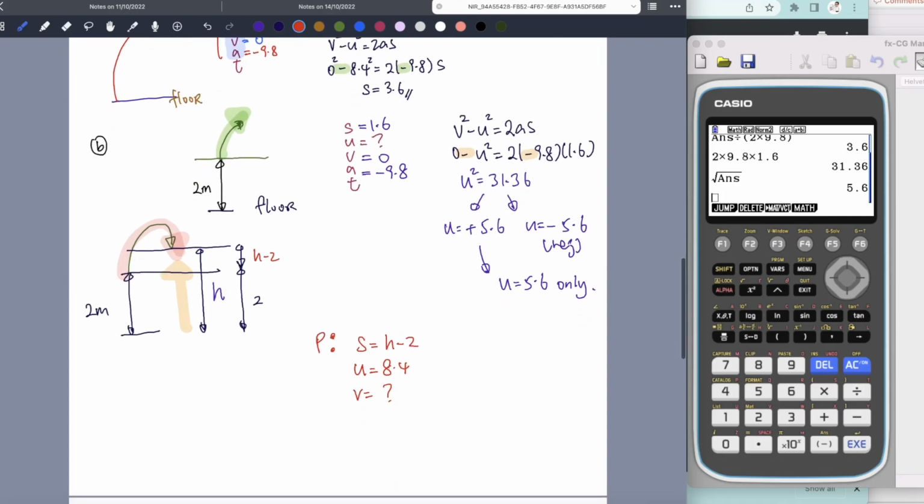Acceleration is minus 9.8. And T, they meet at the same time, so it's going to be the same time. Notice that there are two different unknowns that you try to work out. There's no way to work it out using one equation, so we need two equations and two different unknowns.